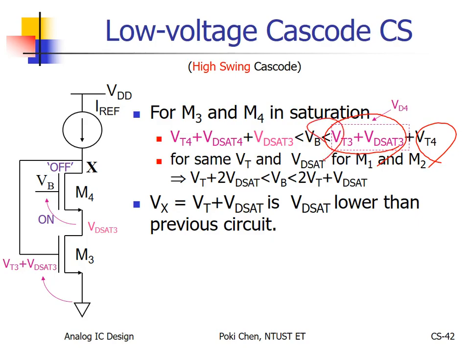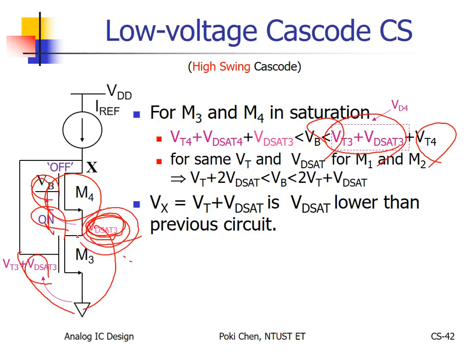Then you say, hey, I have some kind of upper limit. So I try to go downward. How low can you go? Don't forget, here 1 VT, 1 delta V, and there, 1 delta V. To make yourself on, your voltage needs to be 1 VT and 1 delta V higher than this.